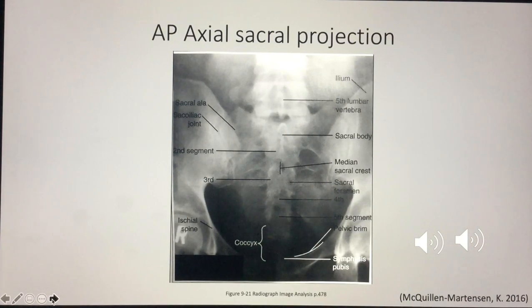Then we have the sacroiliac joint on the right and the sacroiliac joint on the left. We have the sacral body at the center right here, the ilium, the pelvic rim, the symphysis pubis, the ischial spine, and the pelvic rim.